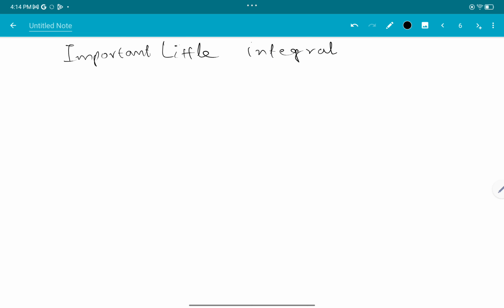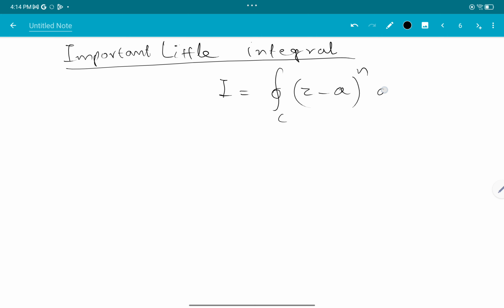It's this integral, again a closed loop integral, of (z minus a) raised to n dz, where n is an integer. It can be positive, it can be negative, it can be zero.